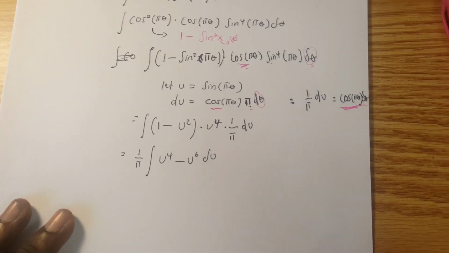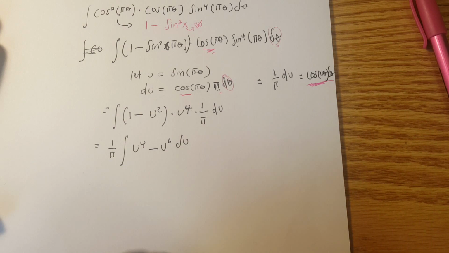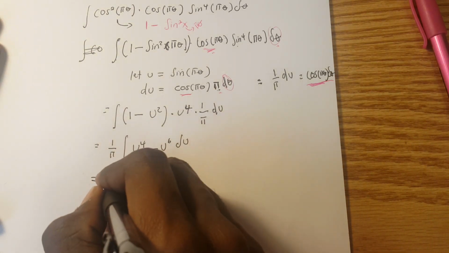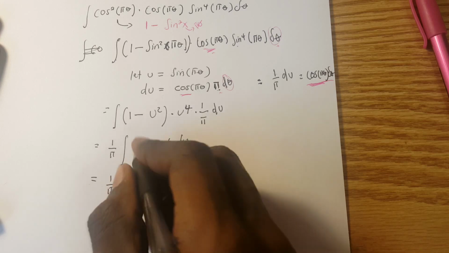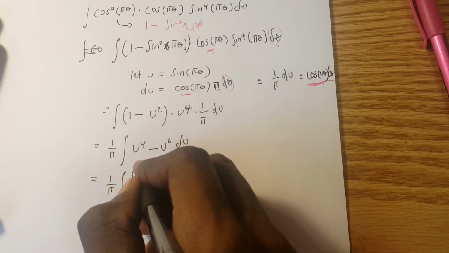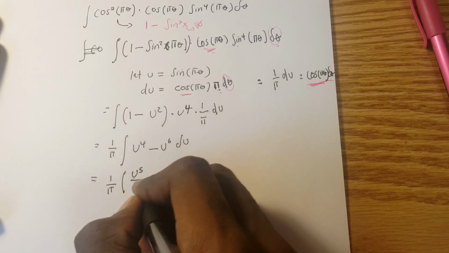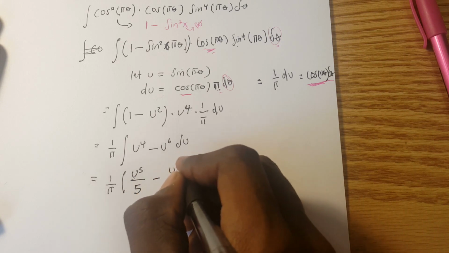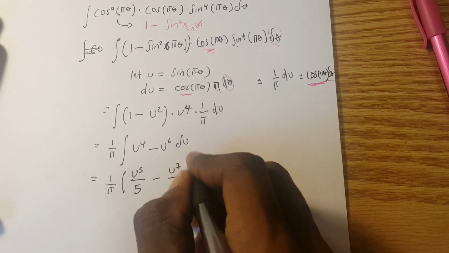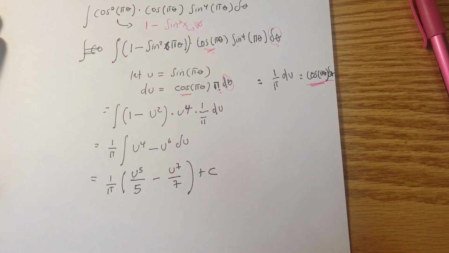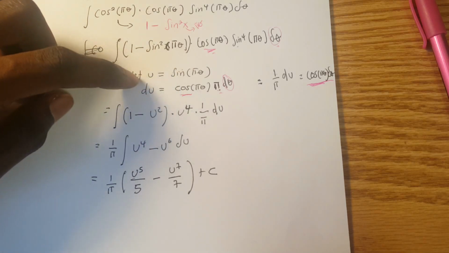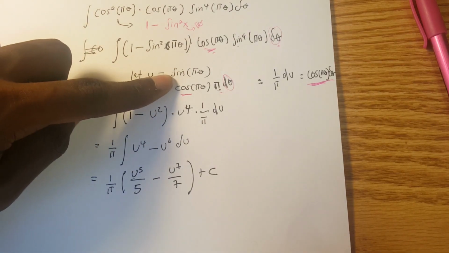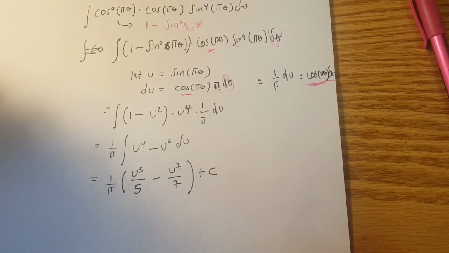Then we go ahead and integrate separately. We're going to have u to the 5 divided by 5 minus u to the 7 divided by 7 plus c. But we substituted for u here, so let's bring our u back, which is equal to sine pi times theta.